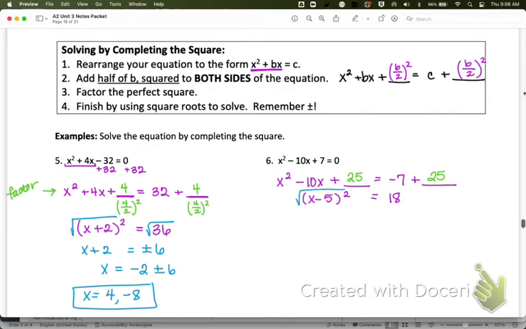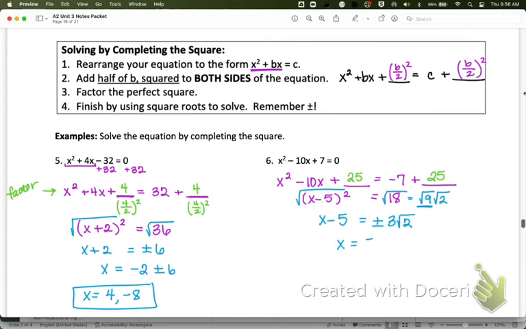So if I square root both sides, I get x minus 5 equals, now 18 is the square root of 9 times the square root of 2, and the square root of 9 is 3 root 2, and don't forget your plus or minus. And then the last step is going to be add 5 to both sides.